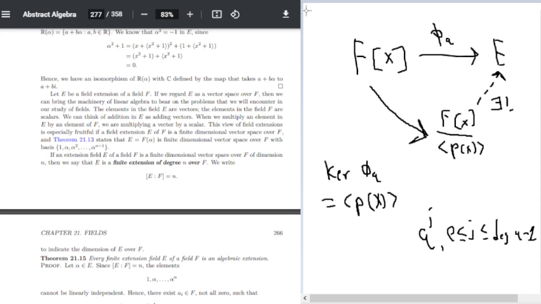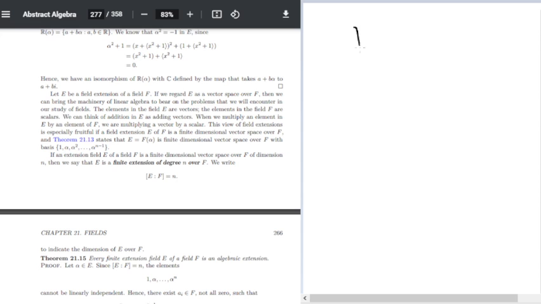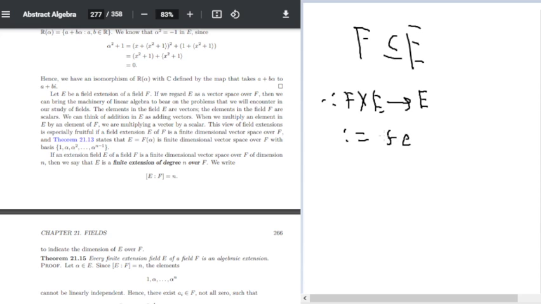So what we do is basically, I'll write all this down. If F is a subset of the extension field E, then we define a product from F times E to E as f times e goes to fe.